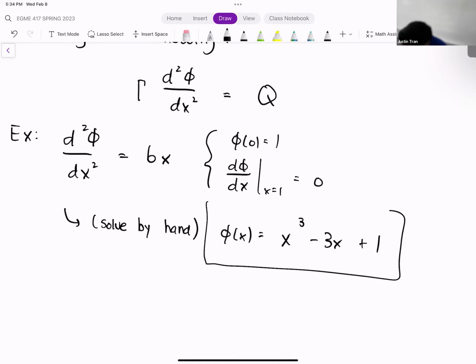So for this example, we know what the exact solution is. And what we're looking to do today is use finite differences and see if we can get this exact same solution using finite differences and MATLAB. So that is the goal for today.